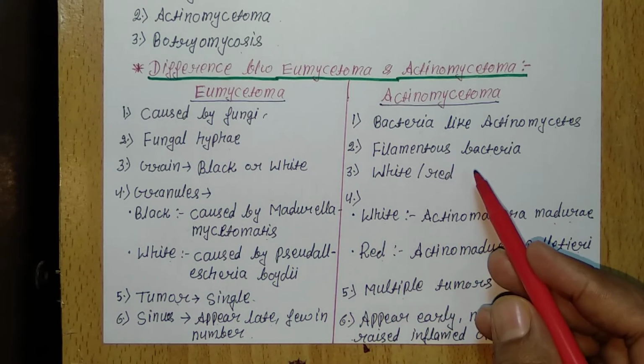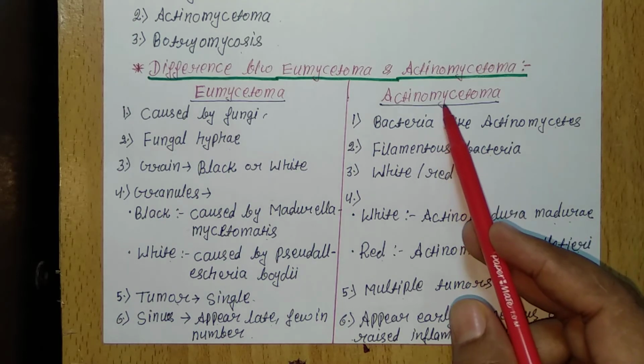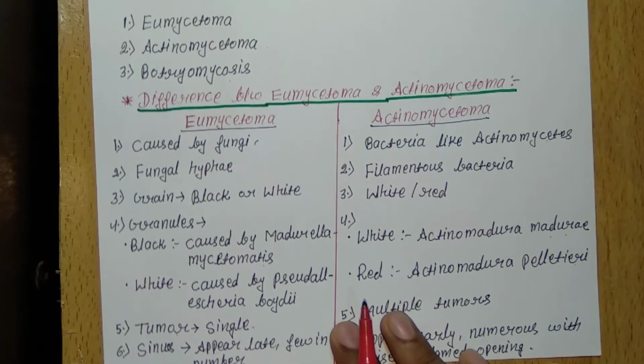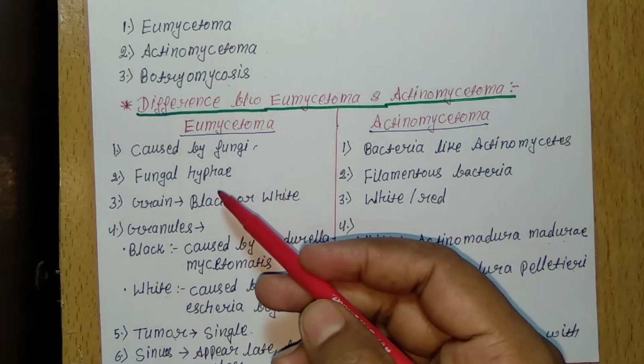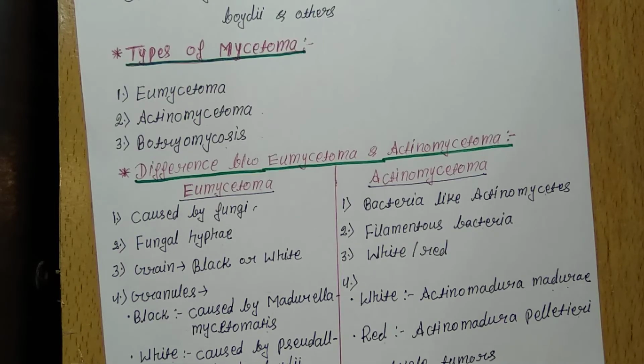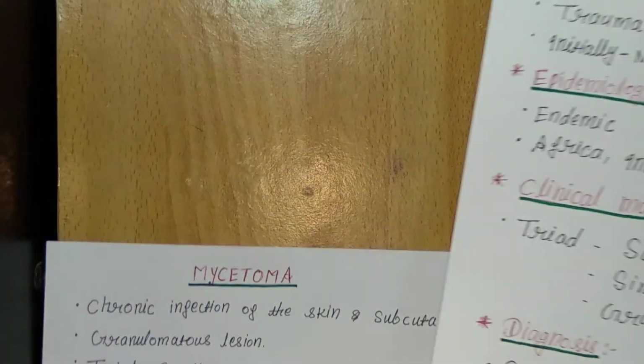But in actinomycetoma, the sinuses appear early and are numerous, with raised, inflamed, open areas. So guys, these are the differences between eumycetoma and actinomycetoma.